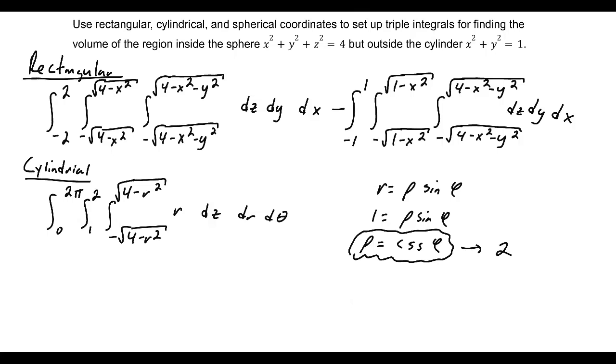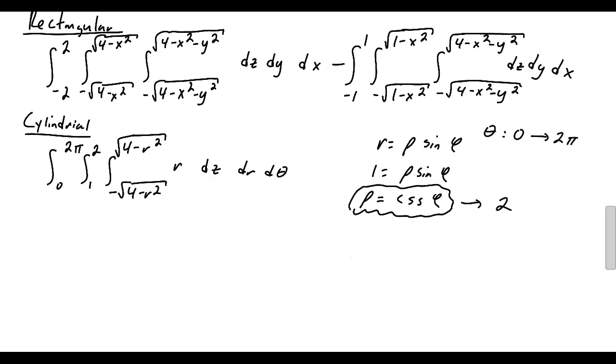Theta is going to go from 0 to 2 pi. But phi is another story. So the lower and upper bounds on phi are actually the places of intersection where the sphere intersects that cylinder. So what I'm going to do is set up a small system here.